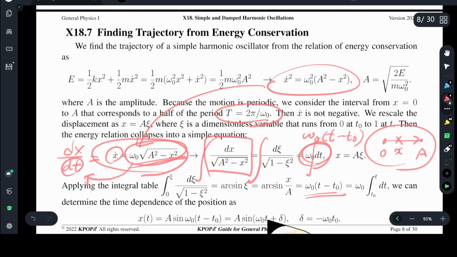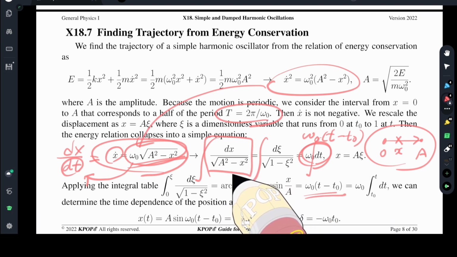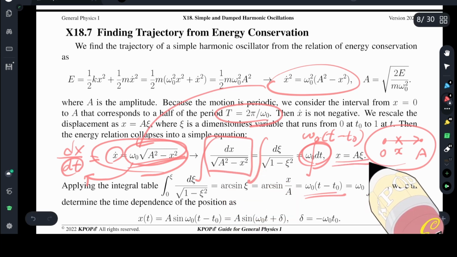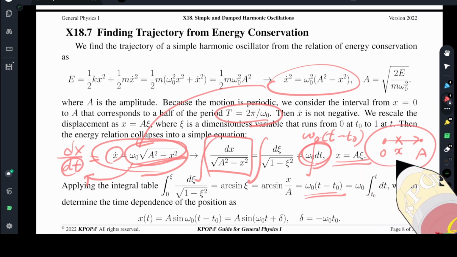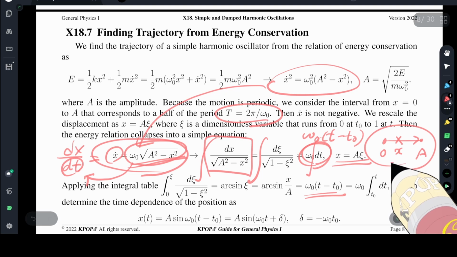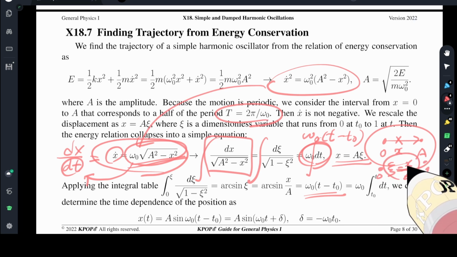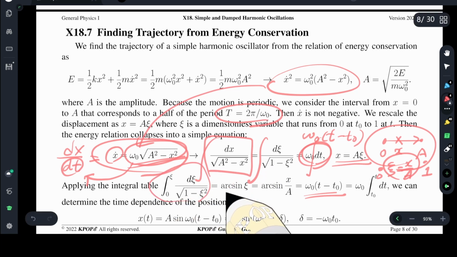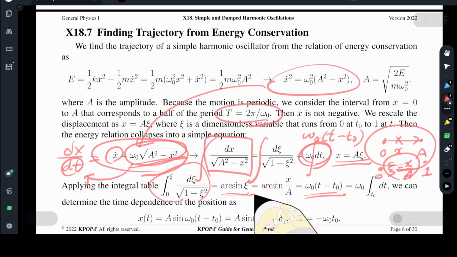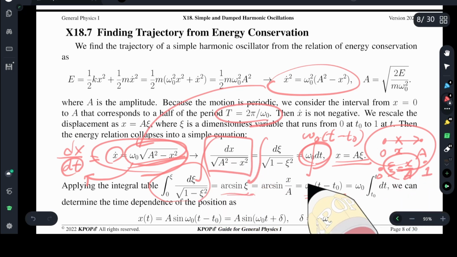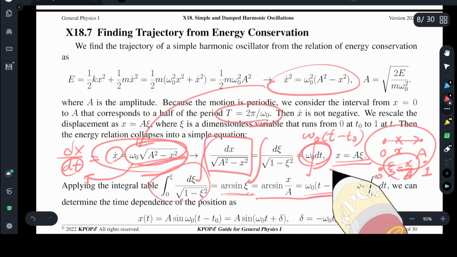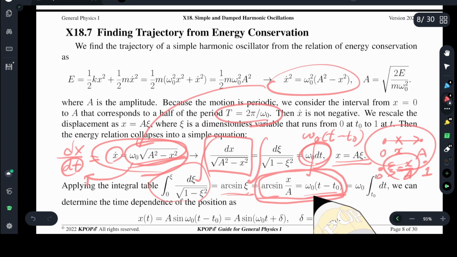This is the answer. The left-hand side, if you pull out the factor A and rescale it, so xi equals x over A, runs from 0 to 1. This is a trivial integral that gives arc sine. We carry out the integration as arc sine xi, and xi is replaced with x over A. Finally, this is the answer.